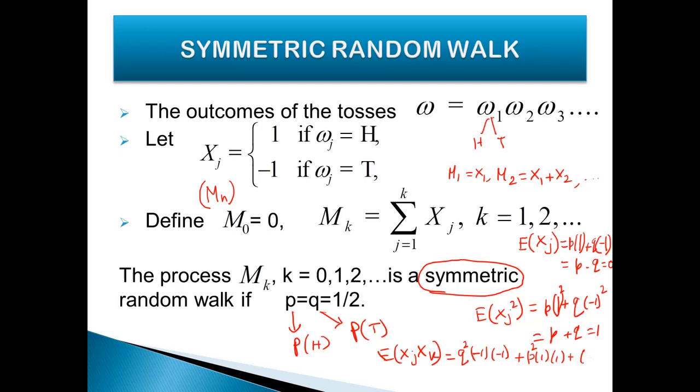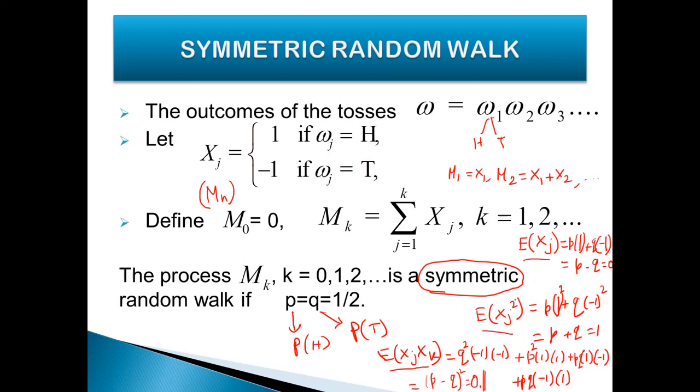Plus, if x_j is 1 and x_k is minus 1, the probability is pq, and if x_j is minus 1 but x_k is plus 1, this is also pq. So if you add them, it is q square plus p square minus 2pq, that means (p minus q) whole square, so it equals 0.